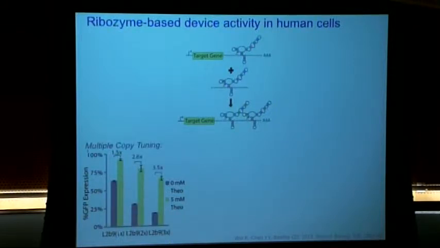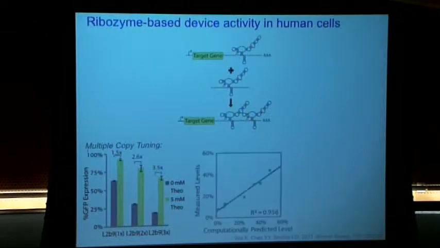And what we can show is that if we go from a single copy to 2 to 3 copies, we see a systematic decrease, okay, in the basal level of the switch, as you see here, and the entire system maintains its switching activity, as you see here. If we actually go and do this for a series of different devices that have different transmitters and look at single and triple copies, and then we look at the measured levels versus the computationally predicted levels, you can see that there's a very good fit.